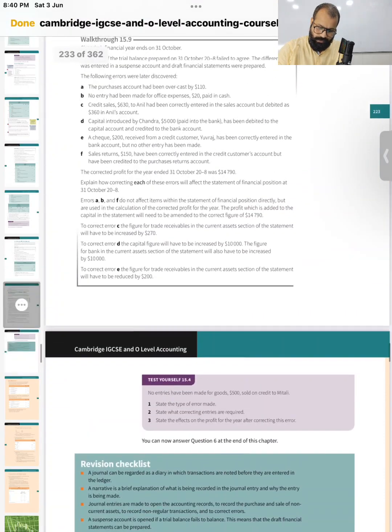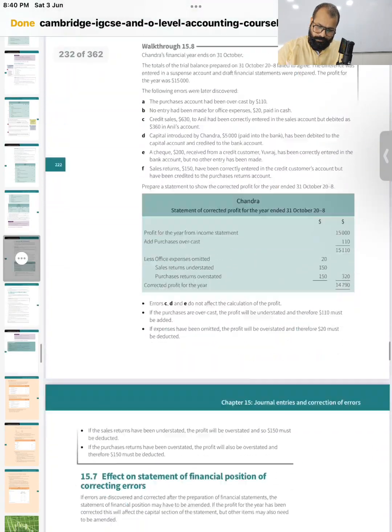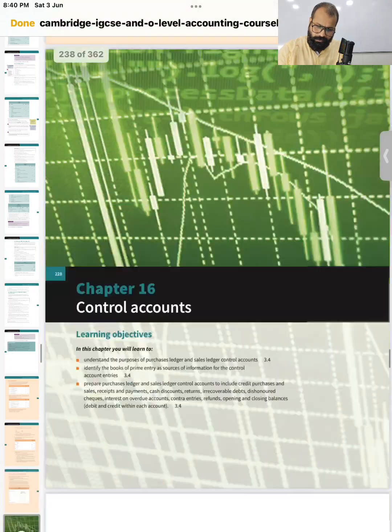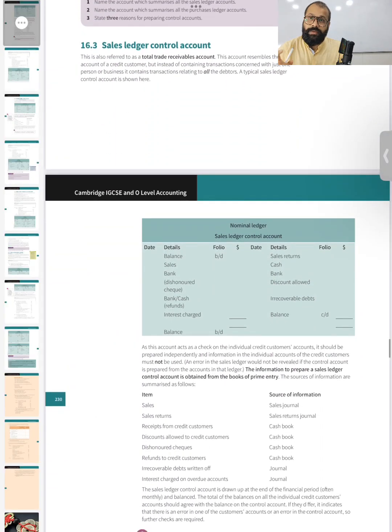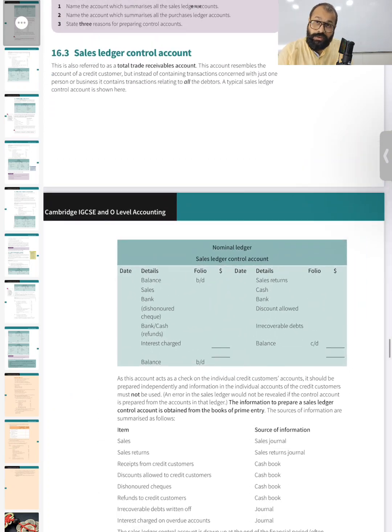Yeah, here we have. I'll just show you the format. So this is the format for sales ledger control account.